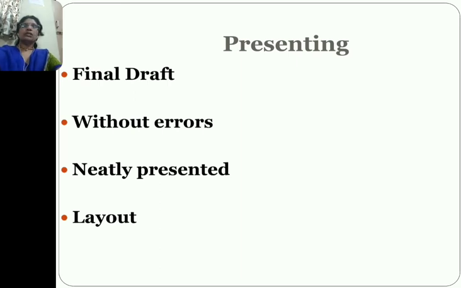So the draft may be a letter, it may be a paragraph, it may be a story, it may be a news. So every exercise has a separate layout. So it should be neatly presented, proper attention should be given to handwriting, printing, and layout, etc. So in this way, this is the process of writing.